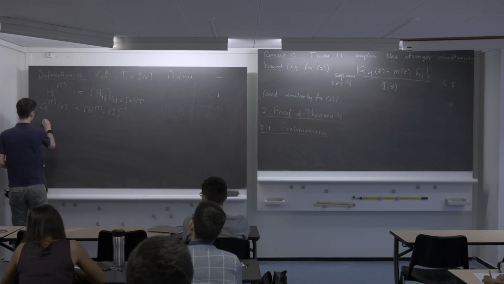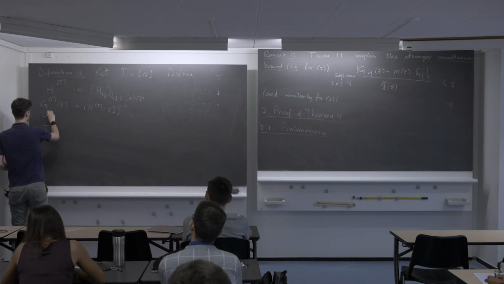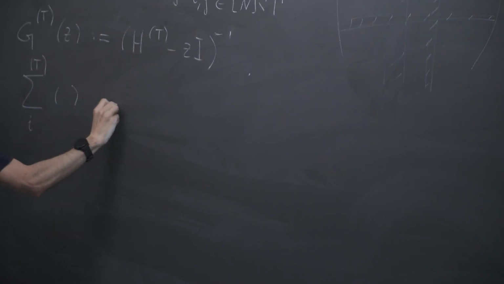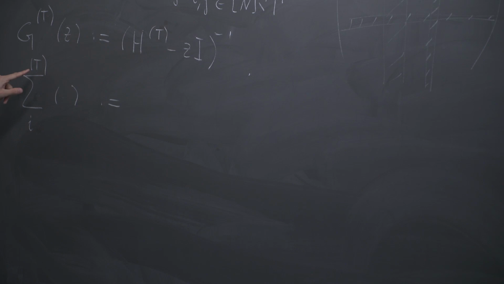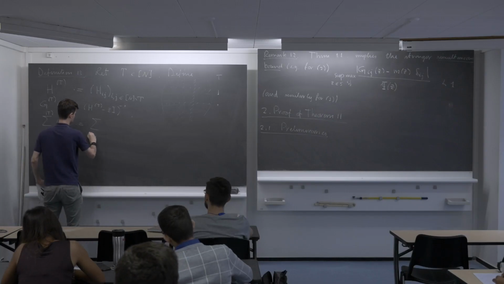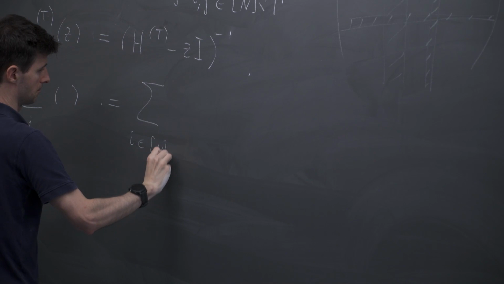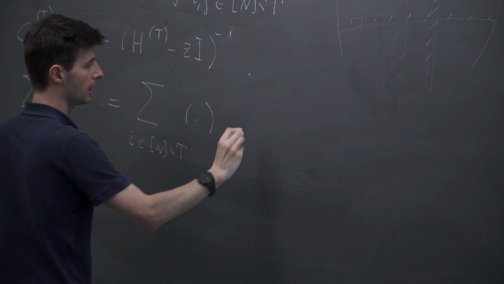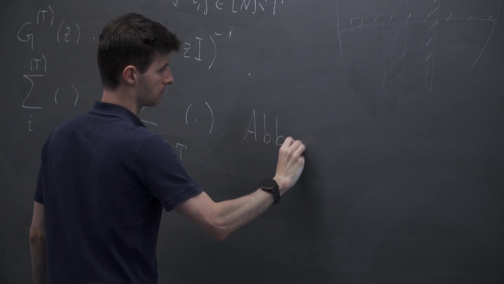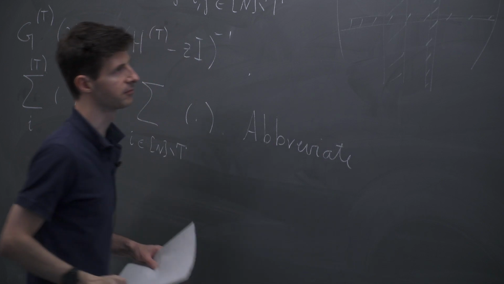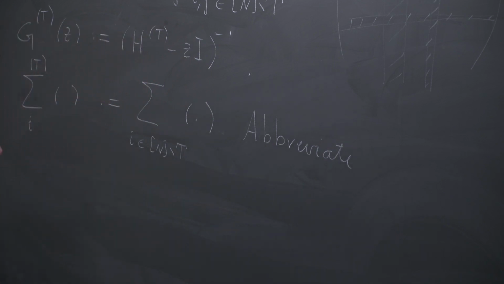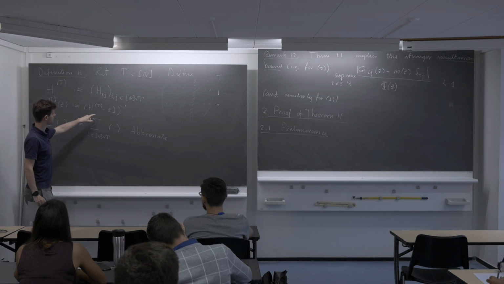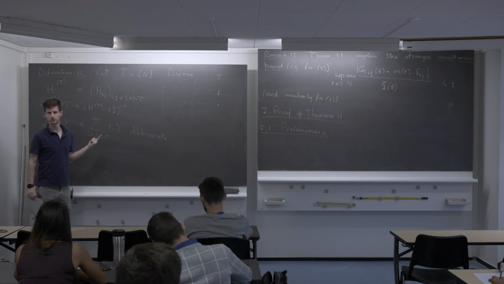And then finally, I will use this notation, which is convenient. So if I have a sum over indices with a superscript T, it means I sum over all indices which are not in T. So this denotes the sum. And then I use the convention. So very often, in fact, in most applications, if not all, T is going to be a set consisting of just one index or two indices.